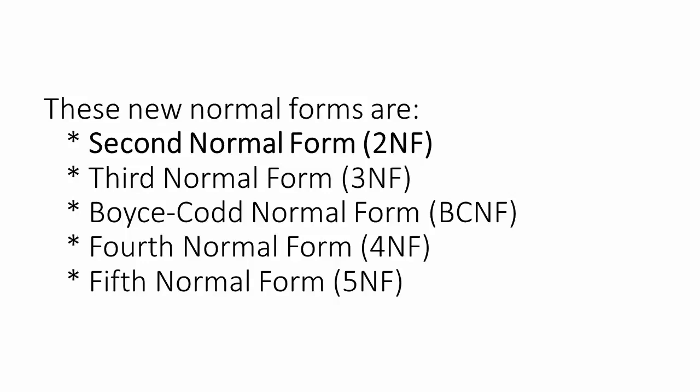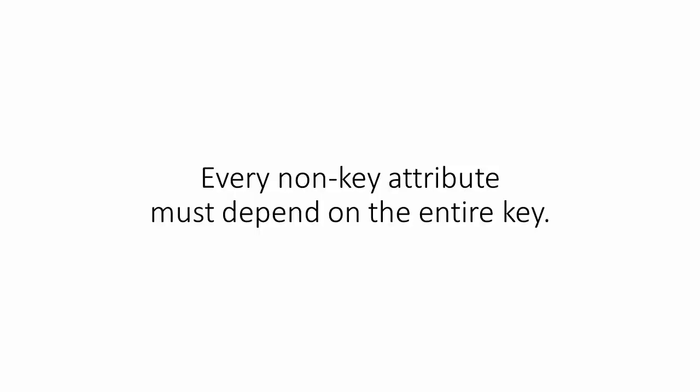Relations in second normal form must first be in first normal form, and they must satisfy an additional constraint, which is that every non-key attribute must depend on the entire key. This is automatically satisfied if the relation has a single attribute key.